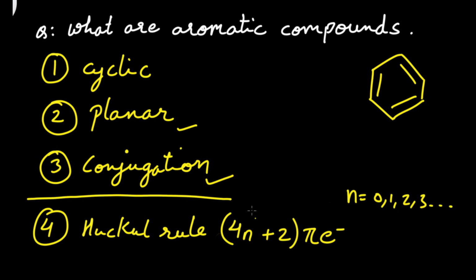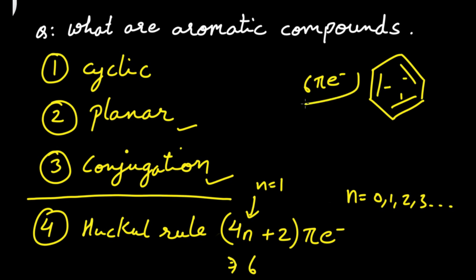When you put n equal to 1, you will find that it will come to 6. So benzene is also a 6 pi electron molecule. There are 6 pi electrons. How many pi bonds are there? 1, 2 and 3. And how many electrons are there in it? 6.